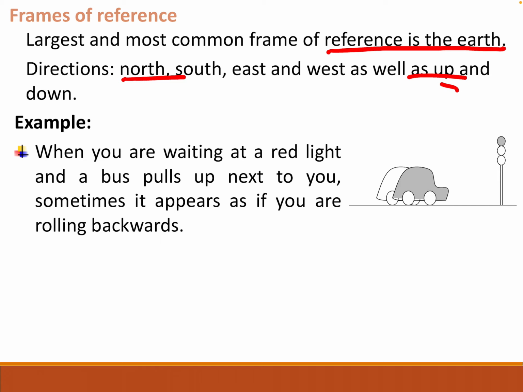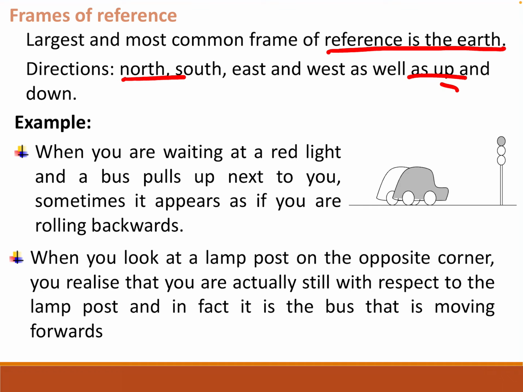It's just because relative to the bus, you are going backwards. A person in the bus looking at you will go, hang on, they're going behind us now. But if you're in the car and you look at a lamppost or the traffic light or the stop street, you'll realize that you're not moving. So you're stationary.